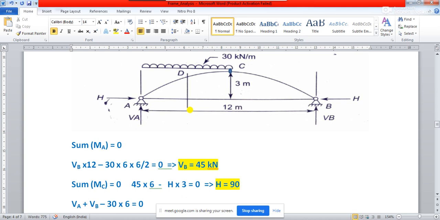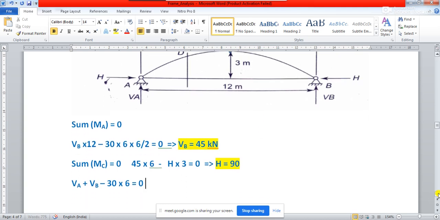We are applying the condition of equilibrium in this case, vertical equilibrium, and we can find out the value of VA, because you see VB is already known to you. VB is 45. So if we solve for VA, you can easily get the value. And what will be the value of VA?